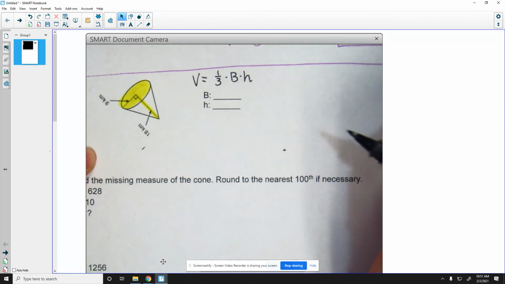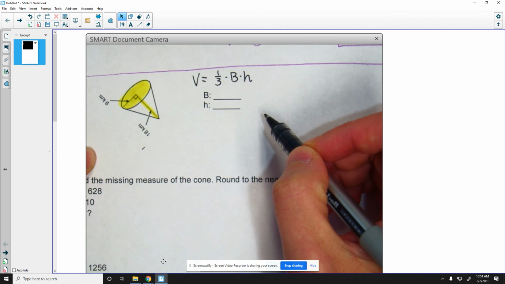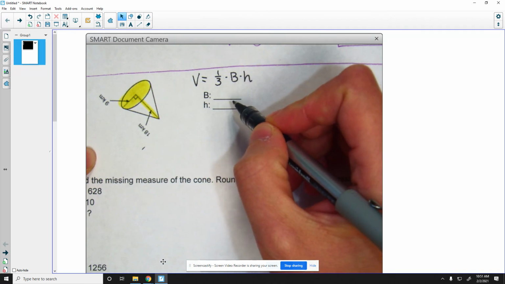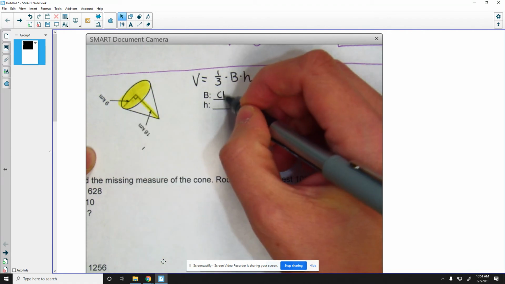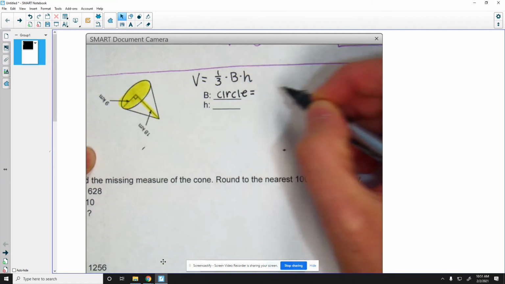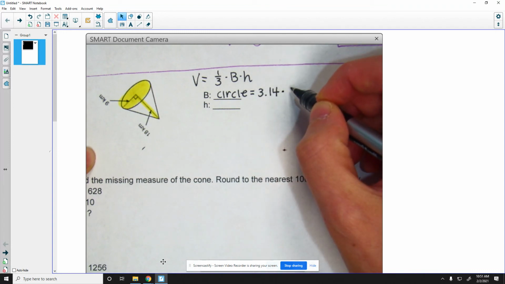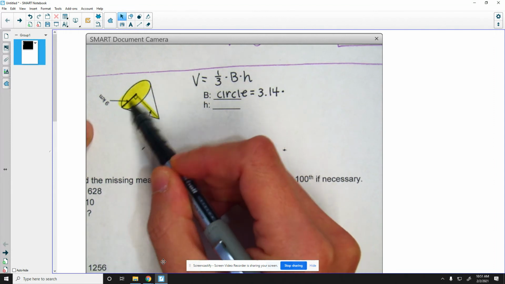Which is what shape? Okay. So now what do I do? That's the one we want.